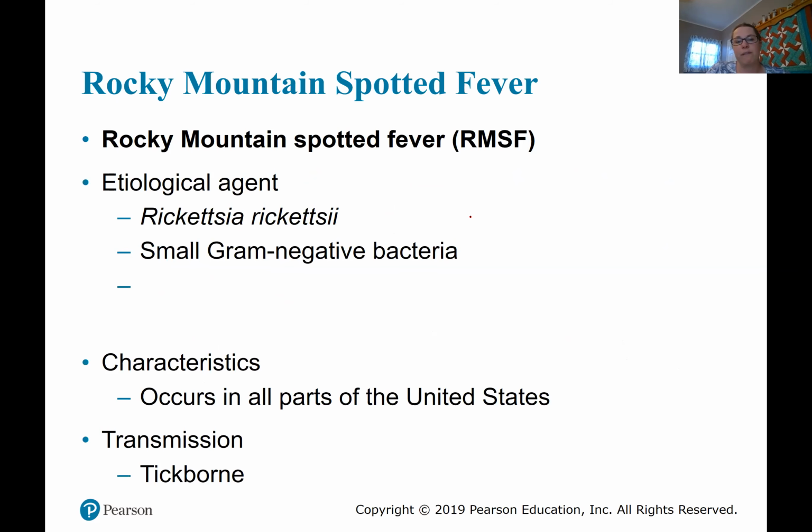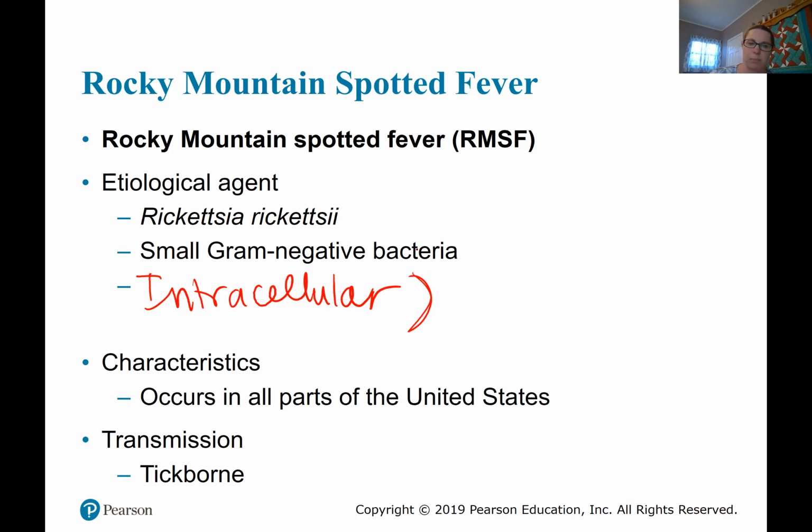Rocky Mountain spotted fever is another tick-borne disease caused by Rickettsia. It is an intracellular gram-negative bacteria, so it lives inside of the cells and not necessarily on the outside. It occurs in all parts of the US, but the major places where you see it is around the Appalachian Mountains and not the Rocky Mountains, so that's kind of a misnomer there.